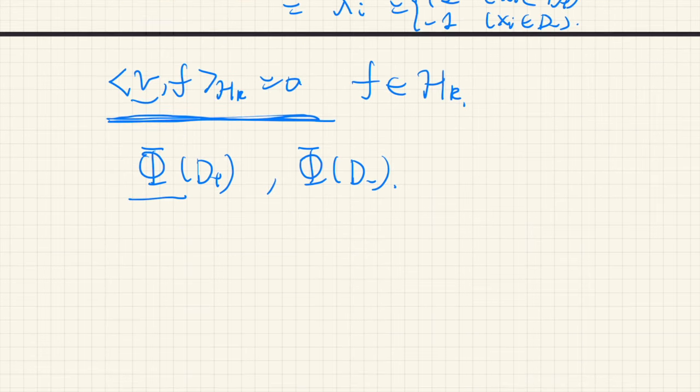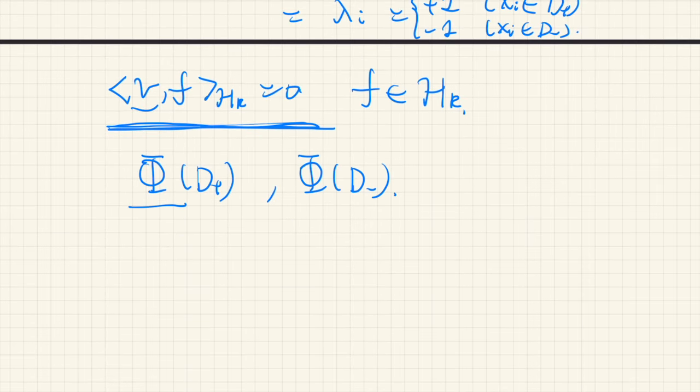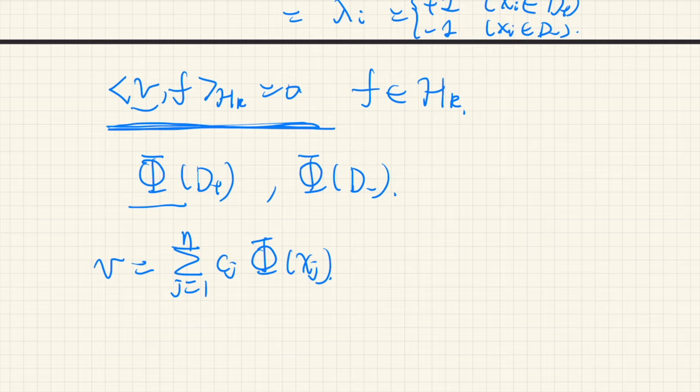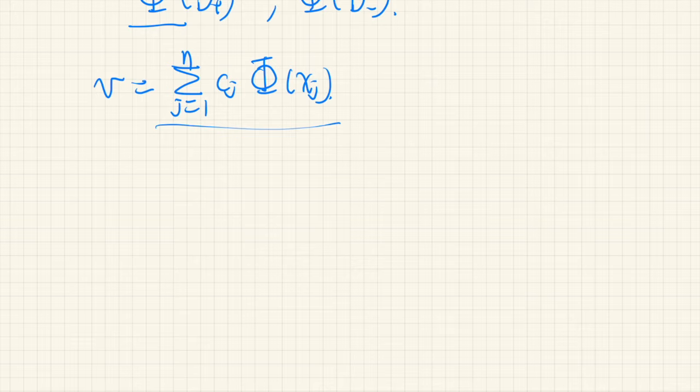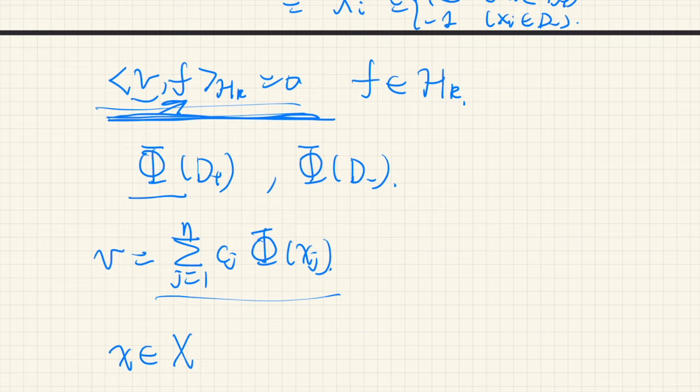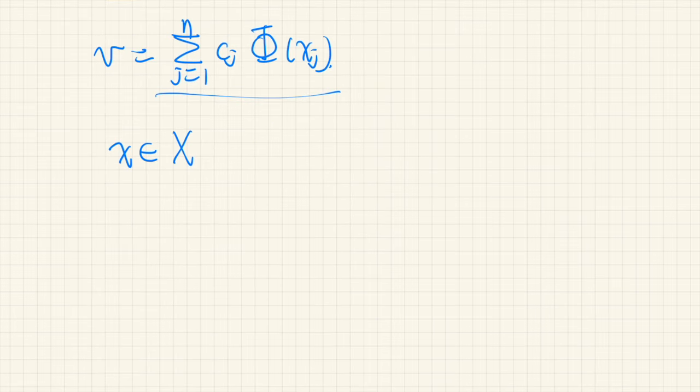First of all, if you trace back how we defined the vector v, it can actually be represented as a linear combination of phi of x_j's. And if we have a point x in the space X and apply this hyperplane, we have <v, phi of x> equal to 0.